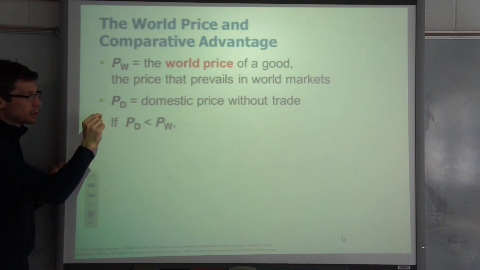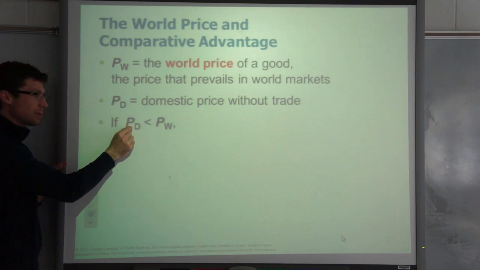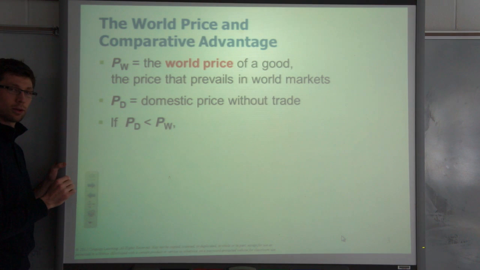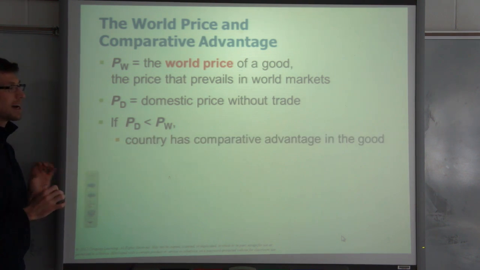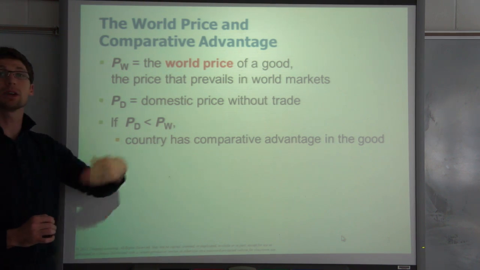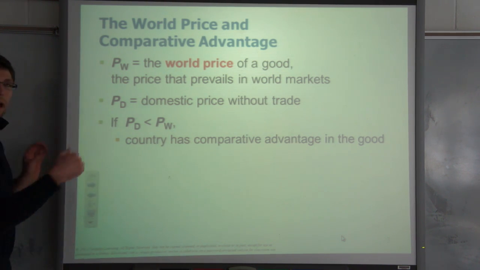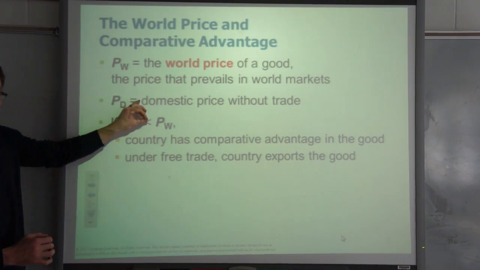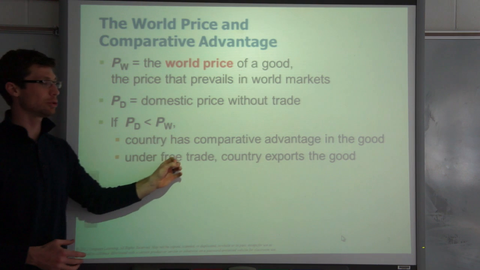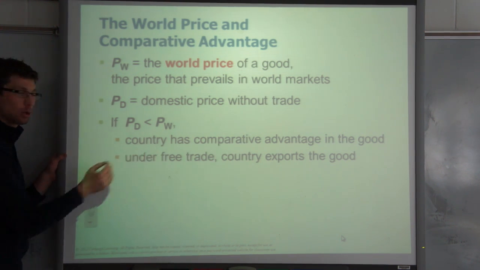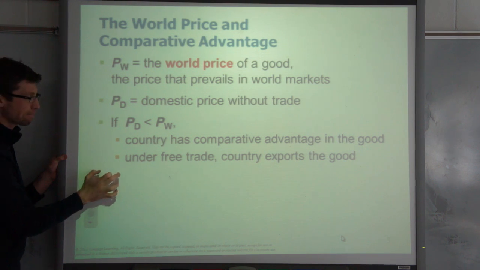Now, if our domestic price, the price that is determined by domestic supply and demand, is less than the world price, what we're going to find is that country has a comparative advantage in it. They face a lower cost than the rest of the world. And because they have a comparative advantage, we would say if the domestic price is less than the world price, that country should export that product when given the opportunity to, if the world is open to free trade.